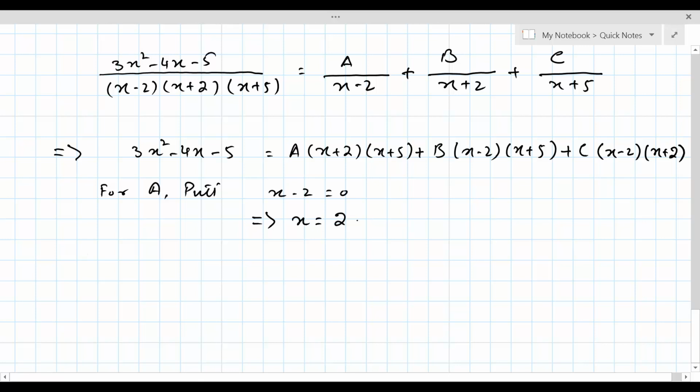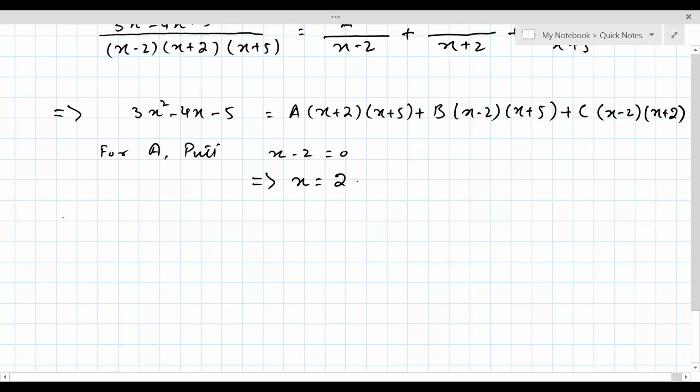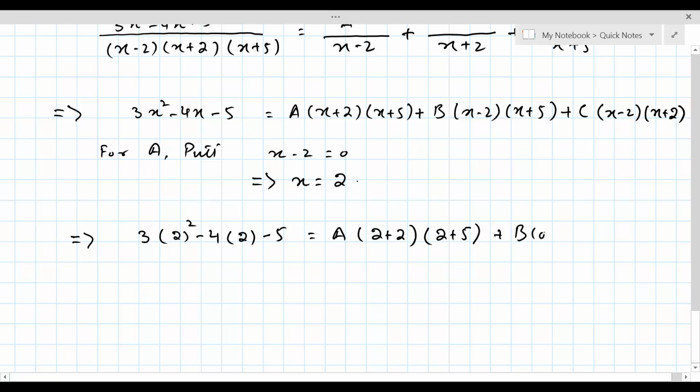So if that is the value of x, then from the equation, this implies that 3 into 2 square minus 4 into 2 minus 5 is equal to a into 2 plus 2 into 2 plus 5, because x minus 2 is present in b as well as in c, so both of them will become 0. b times 0 plus c times 0.